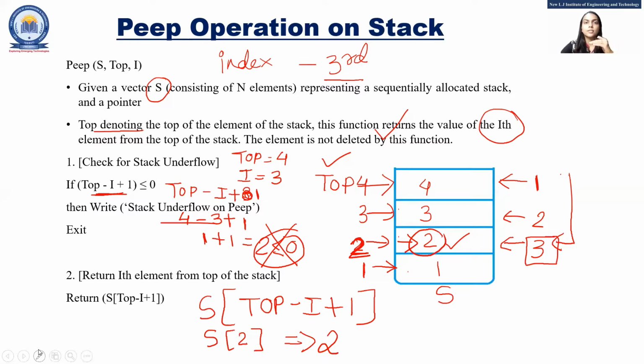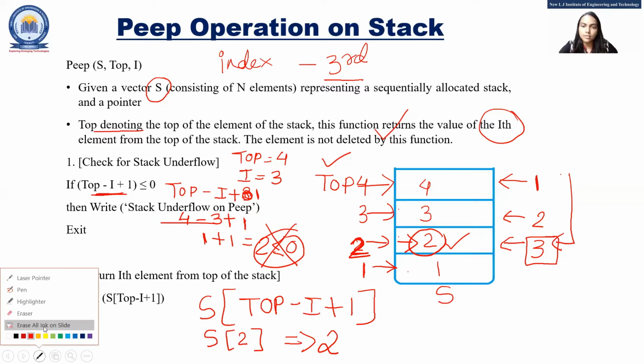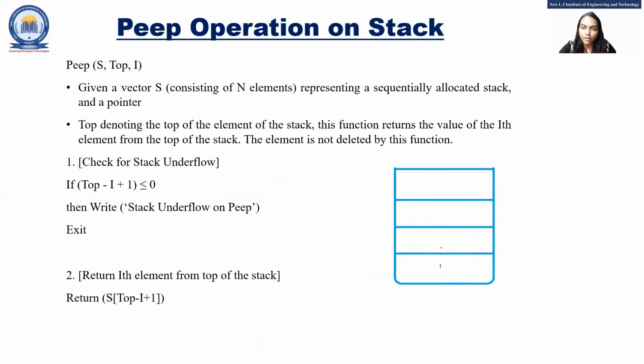So we need to understand that the index is from the top. Now consider this situation: 1, 2 and 3. Currently top is over here, and when I say we want to find the second index, that means from the top, what is the second one? Top is considered as the first element, and from the first element, what is the second?